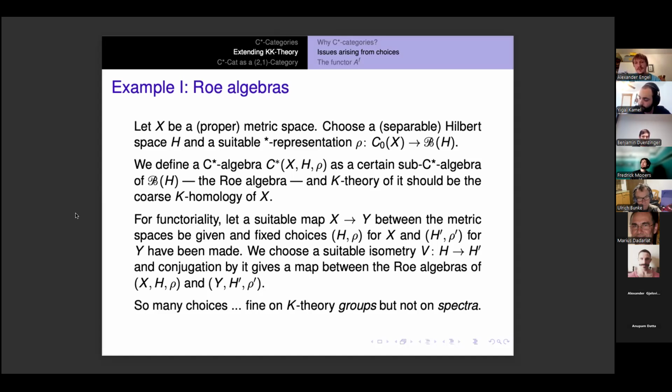But on spectra, they do not necessarily act trivially. What we can show is that on the K-theory spectrum, this action is an equivalence. You can show this for K-theory and for KK theory, and I want to explain to you now how to show this just using the axioms.